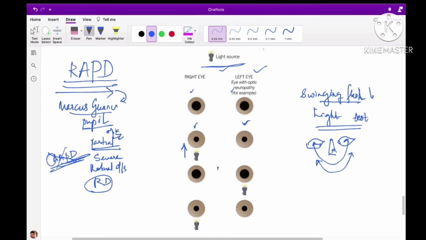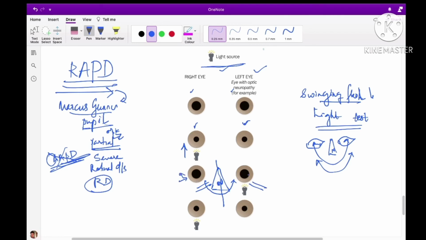Now you may not get this finding in the first swing, you may have to repeat it further, but for demonstration purposes it is shown like this. So we swing the flashlight to the next eye. When you are swinging, for a brief moment the light is not here also, the light is not here also. So when you just take it away, this starts to dilate, right?